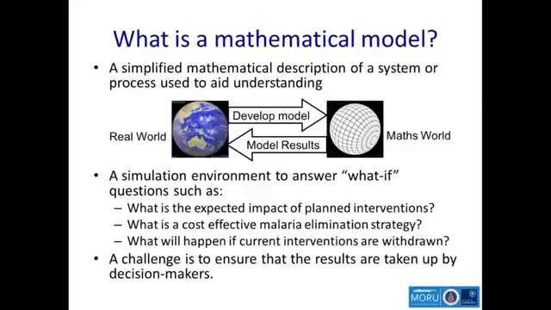So that's an example of the sort of process that a modeler would go through: to understand the dynamical system that they're dealing with, to understand a key question about that system, and then develop a mathematical model to simulate that system and to try and answer the question.